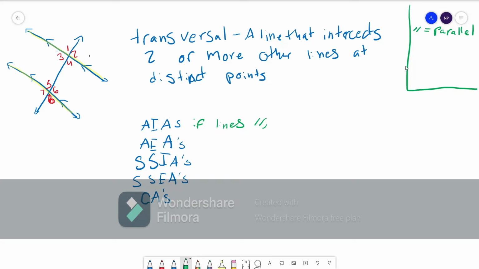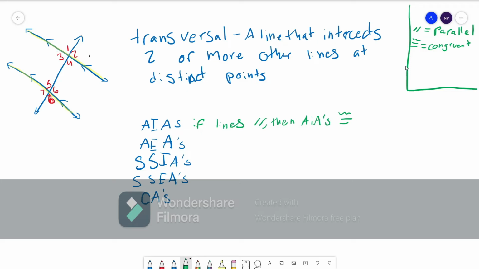Alright, if lines parallel, then AIAs congruent. Meaning, so AIAs, alternate interior angles, so 3 and 6, let's just put a value to this. Let's just say 3 was 100. Because they're congruent, 6 would also be 100. So that's what congruent means. And you can put this up in your key.